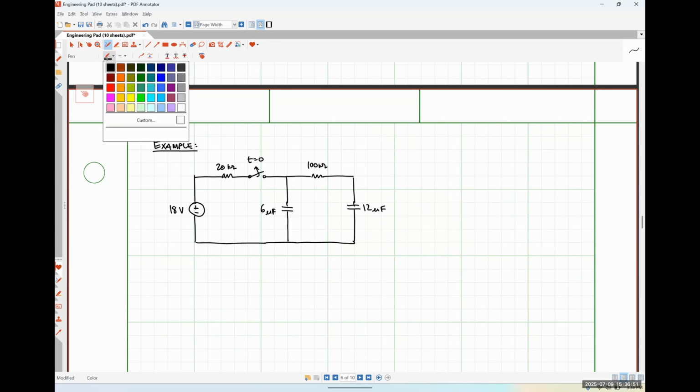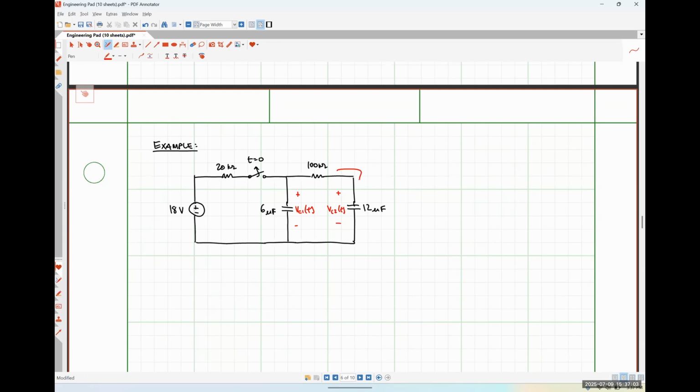And for this particular problem, let's say that I'm interested in this voltage, let's call it VC1, this voltage, which I'll call VC2, and this current, which I'm just going to call IR as a function of time. Okay.